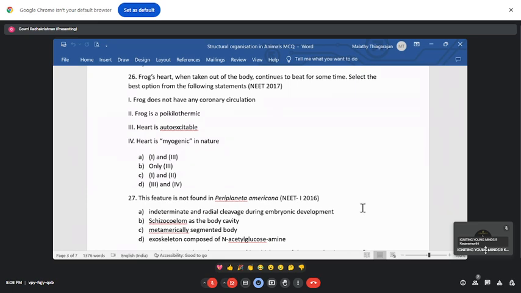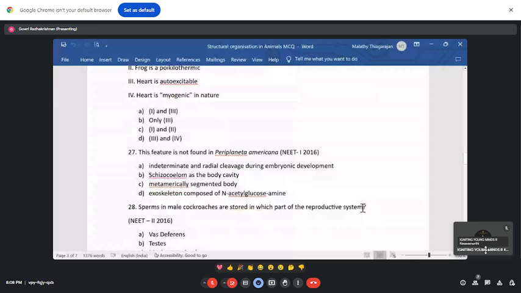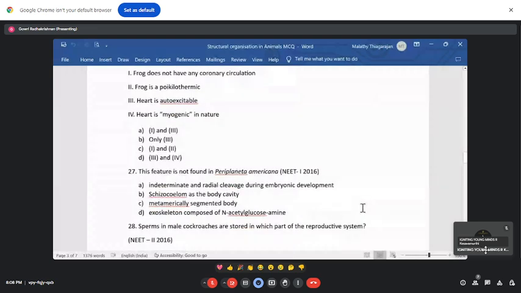So that's why even when the frog heart is taken out of the body, it continues to beat for some time. Contraction should stop, only then the heartbeat will stop. So option D is the correct answer.